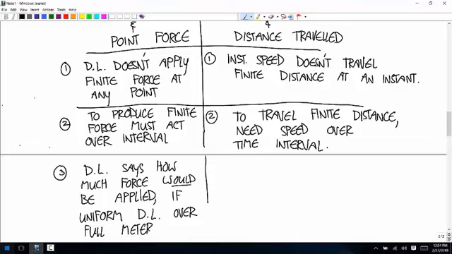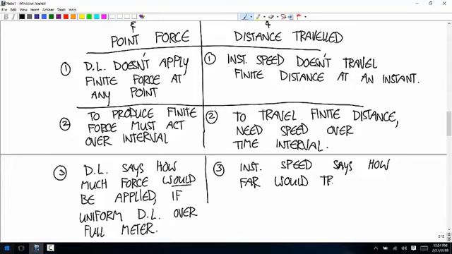And you can think of that as exactly the same idea as the instantaneous speed. It says how far you would travel if you held that uniform speed over a full second or whatever unit.